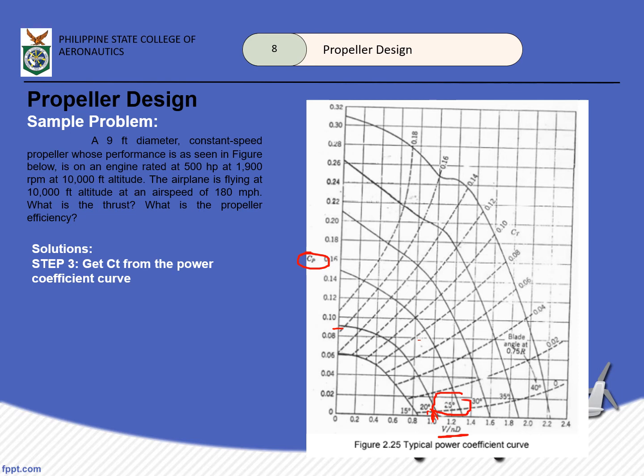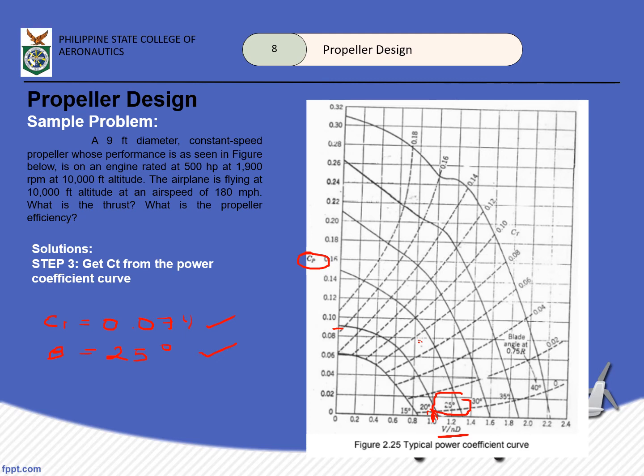We can assume the value of our CT is around 0.074, 0.075. So, our blade angle is 25 degrees. We now have the value of our thrust coefficient and our blade angle.